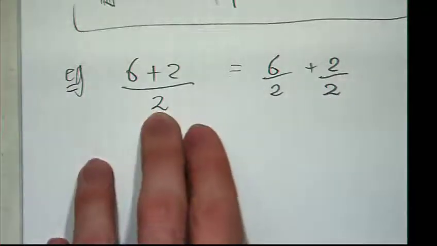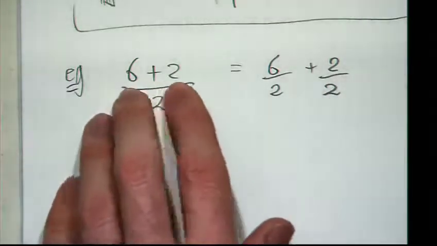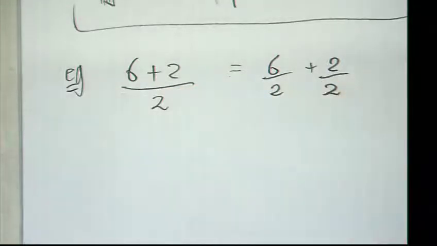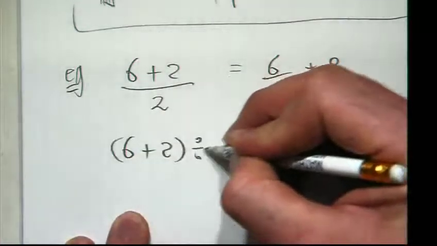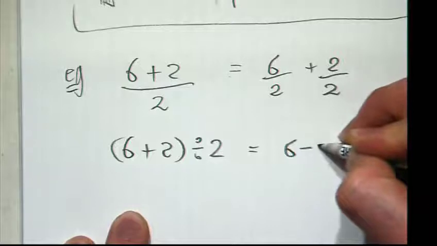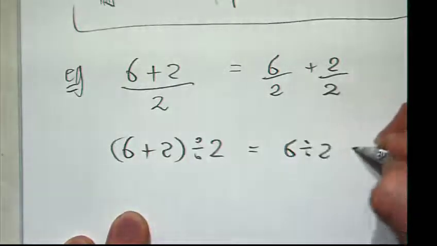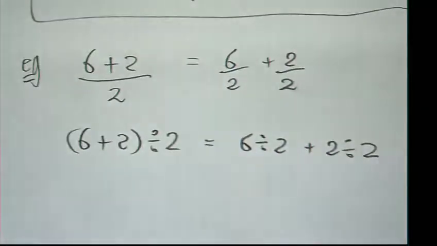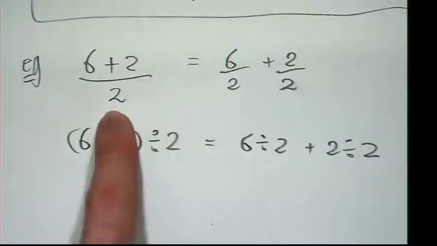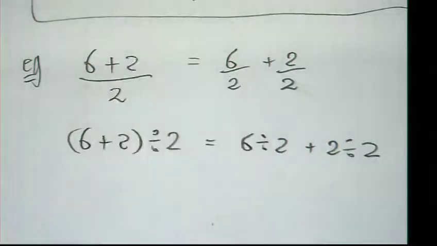So this fraction, this over 2, because that's a plus, the over 2 can be separated across the plus. And that's just the same as me saying this. My divide by 2 can be brought in over the brackets. Same deal, my big divide by 2 can be brought in over the things on top.